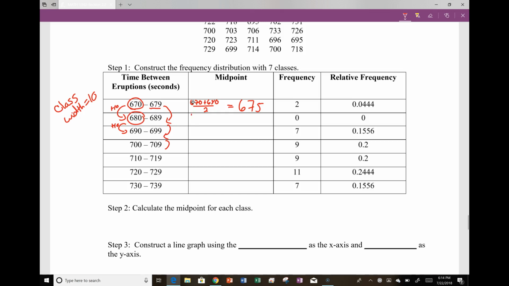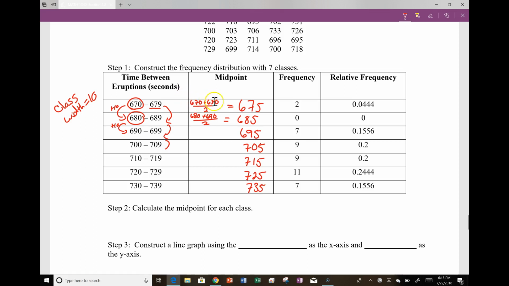We could also calculate the midpoint for each one, 680 plus the next lower limit divided by 2, and I get 685. But notice there's a difference of 10 here. That means that there's going to be a difference of 10 between each midpoint. Now if you're unsure of that, go ahead and calculate them and see what you get.